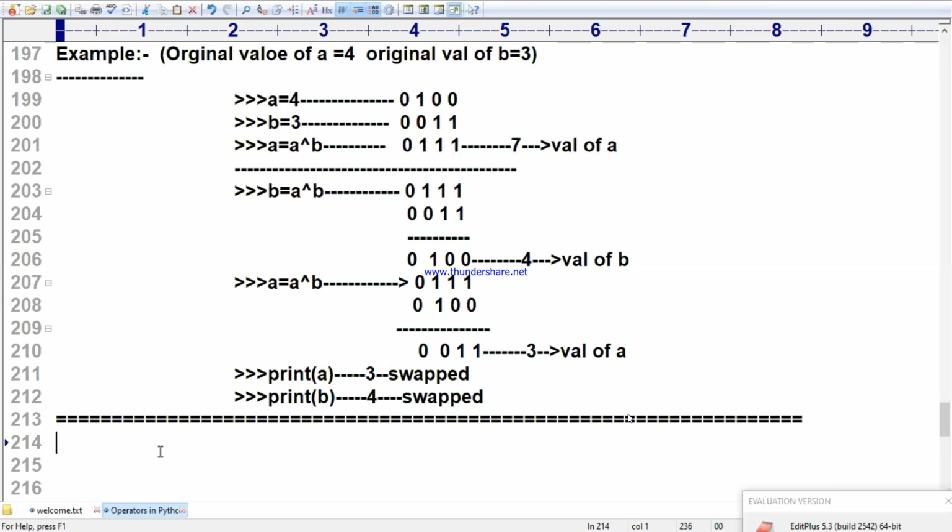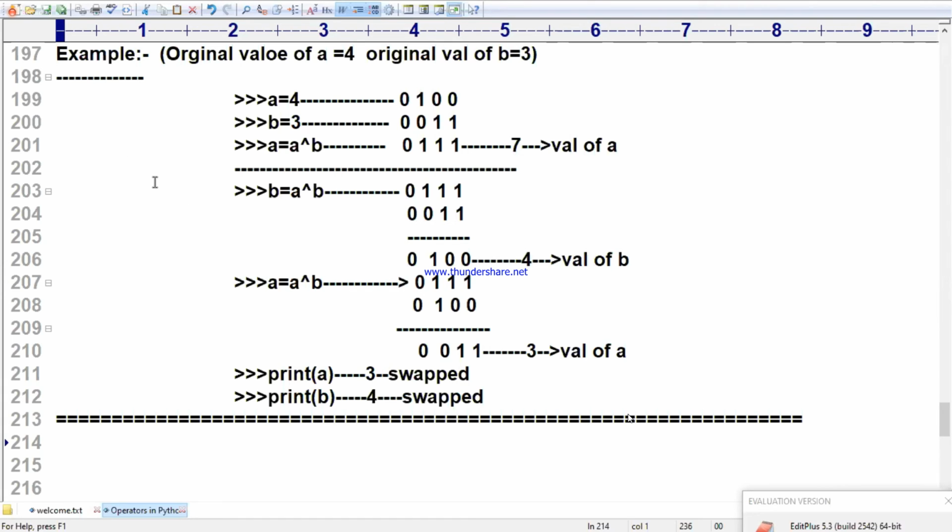Write a Python program which will swap two integer values. Already I did this program with string data; with string data, any data it can be done. Write a Python program which will swap two integer values.